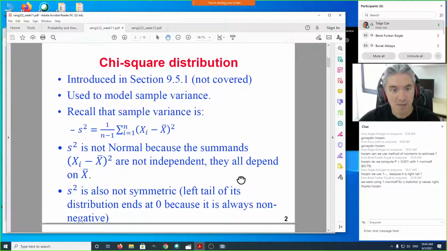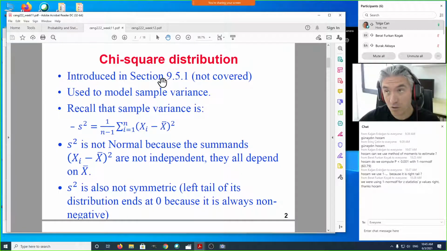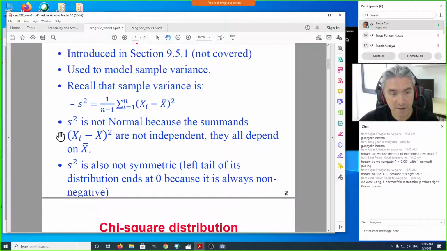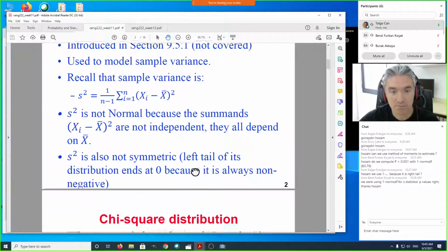but let's quickly go over them. Chi-square distribution, the section 9.5 that we skipped, it was the inference of variance that we have skipped. So it's all about how we model variance, in which these values are the squared differences from the mean, just like the difference between our expected and observed values here.